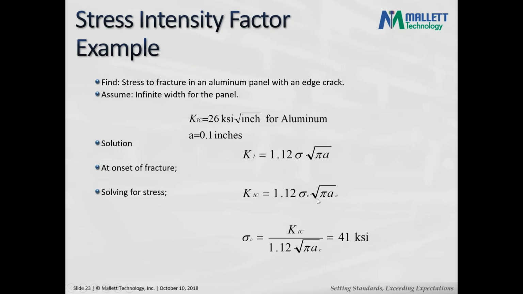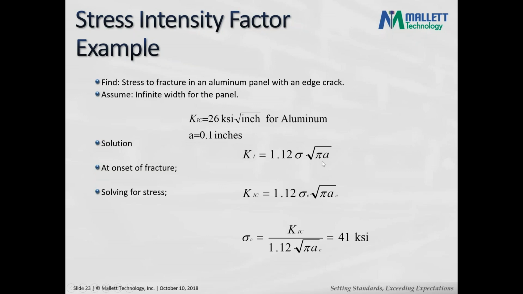So K1 becomes K sub 1C, sigma becomes sigma sub C, which means we are trying to find the stress to fracture, and a becomes a sub C. If I solve for stress, it's K sub 1C divided by this number here, which comes out to be 41 KSI. That means if the nominal stress in the panel reaches 41 KSI, this panel with a 0.1 inch crack is going to have imminent fracture.